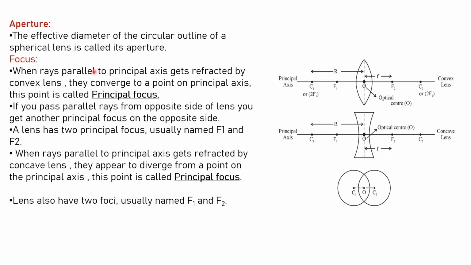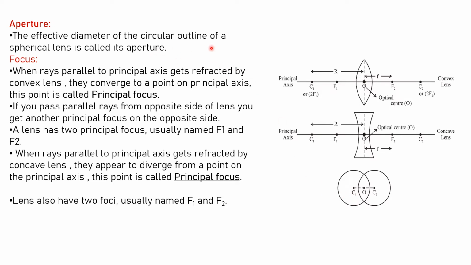Aperture is the effective diameter of the circular outline. From here till here, this is the diameter of the circle, or it can be from here till here. We consider it vertically. This diameter is the aperture.